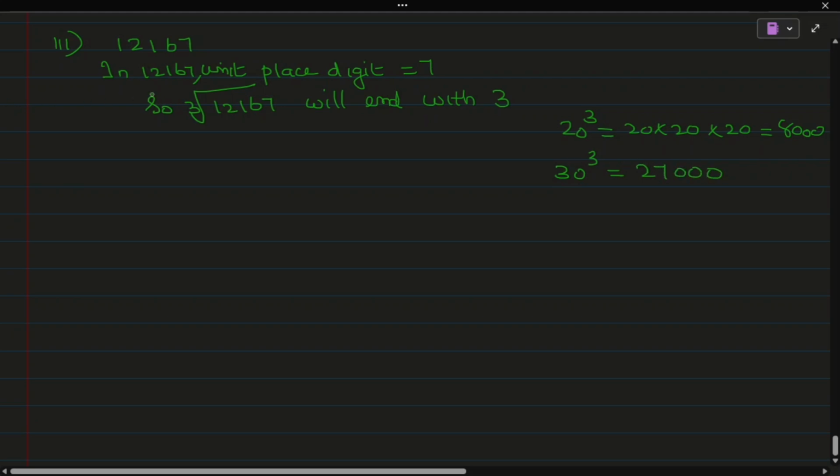So 12,167 comes between 20 cube and 30 cube. So its cube root will come between 20 and 30.